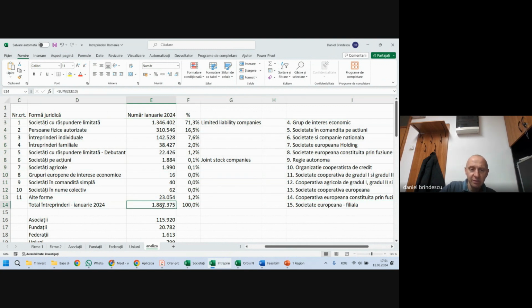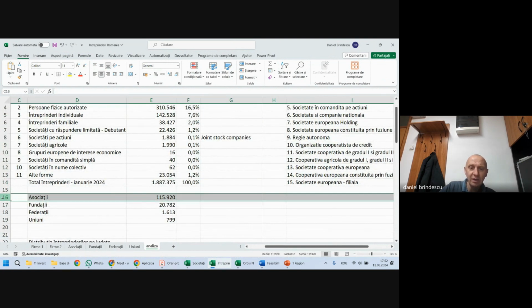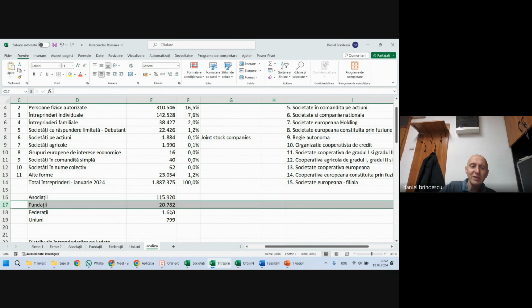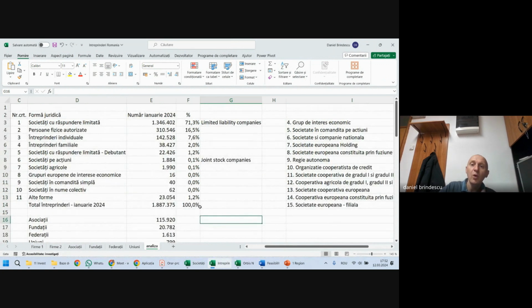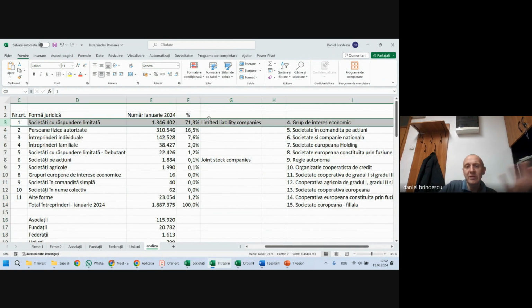Apart from that, from these types of enterprises, we also have about 116,000 associations and 21,000 foundations, NGOs. Okay, we said that we are interested in the commercial companies, most of them being, as would have been expected, the limited liability companies.